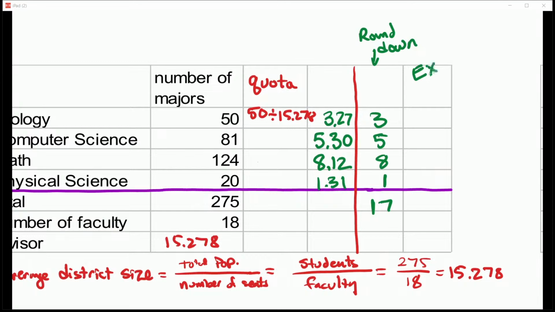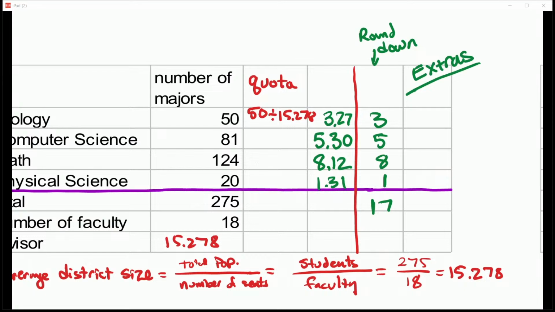The extras, and this is similar to the way that you were thinking last time. I know that you had different ways of dealing with the extras. So we have one extra here, because we need 18 faculty, we have 17. So who gets the extra faculty? In Hamilton's method, who gets the extra one is going to be physical science, because physical science is the closest to the next one.